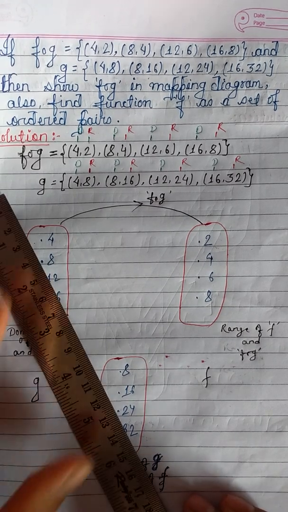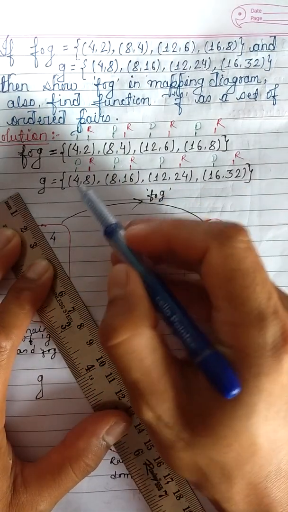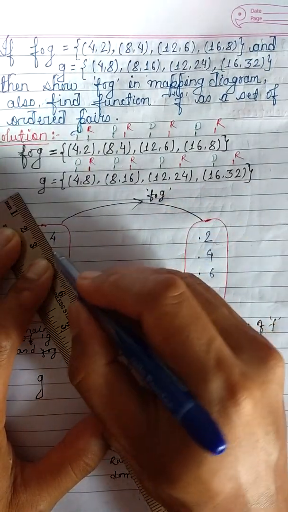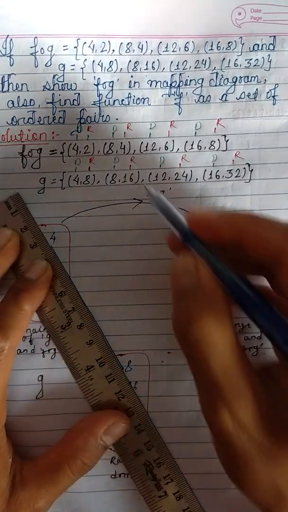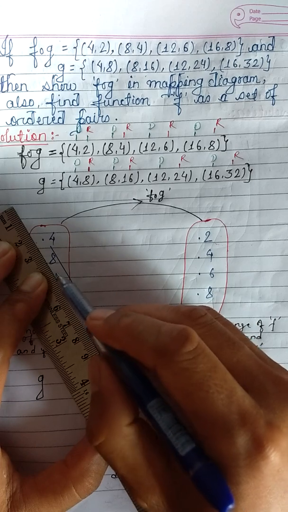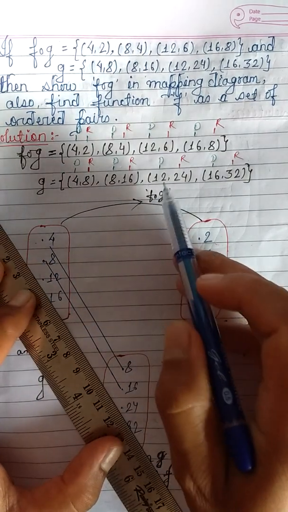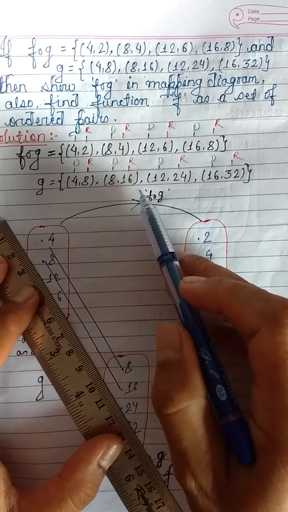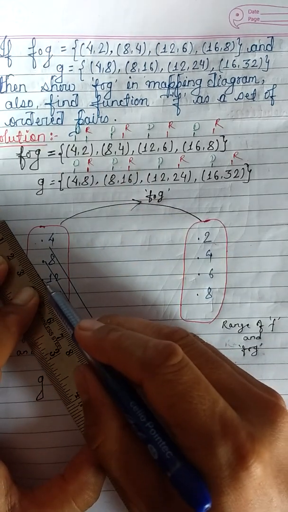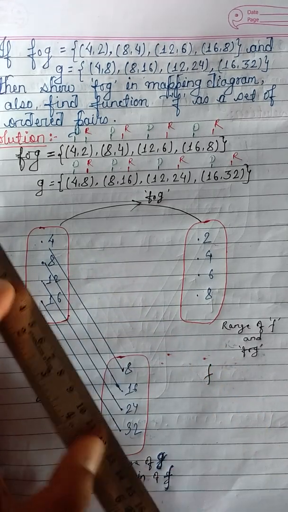We can connect it by lines. 4 is mapped to 8, as we can tell from the given pairs. 8 is mapped to 16, and 12 is mapped to 24, and similarly 16 is mapped to 32.